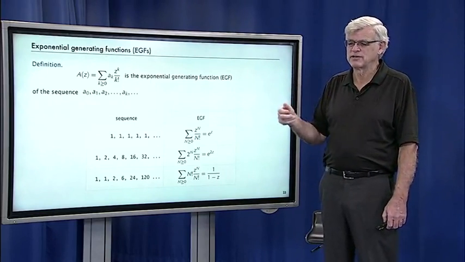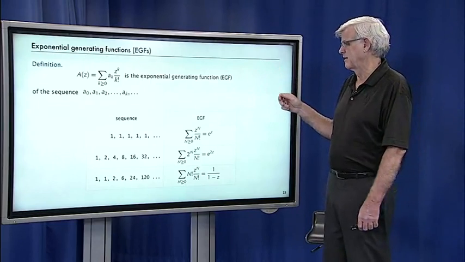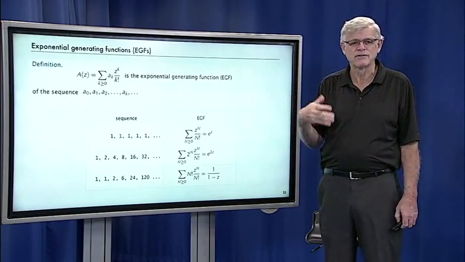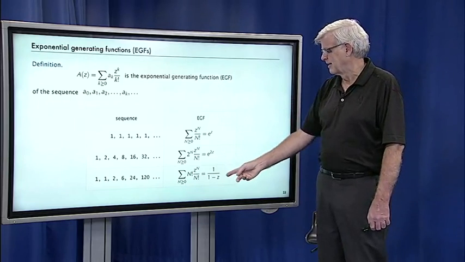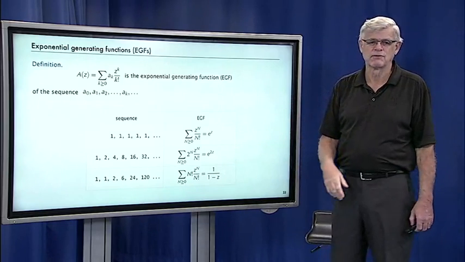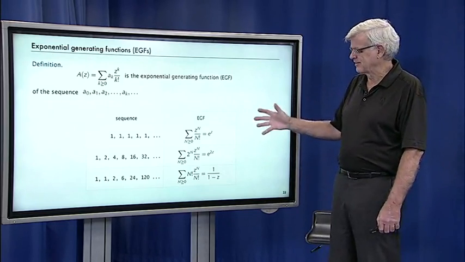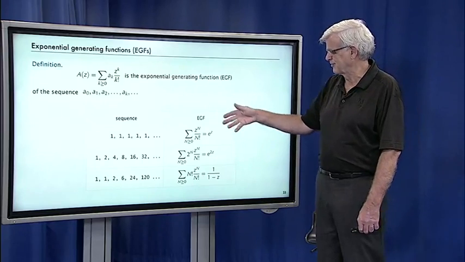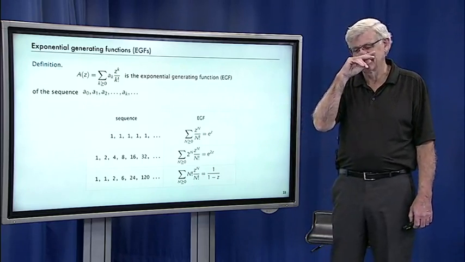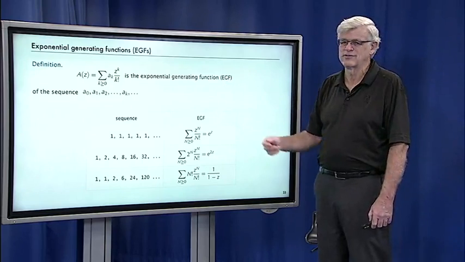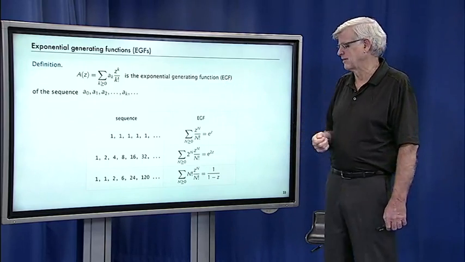Sum of n factorial z to the n doesn't converge for any z, and it's cumbersome to work with. So use exponential generating function, that's 1 over 1 minus z. That can be a bit confusing because the same functions arise in different contexts, but really not. It's just a different way to represent the sequence.